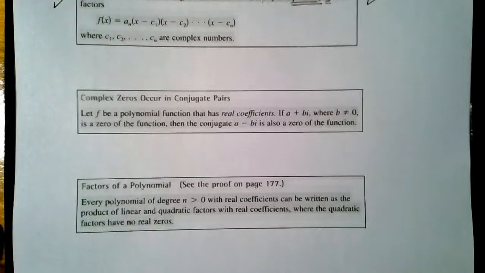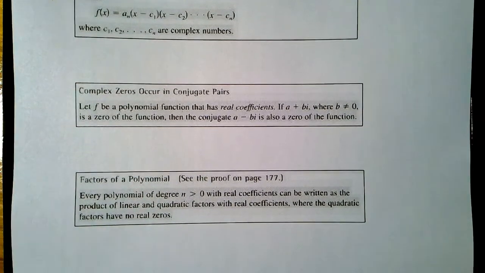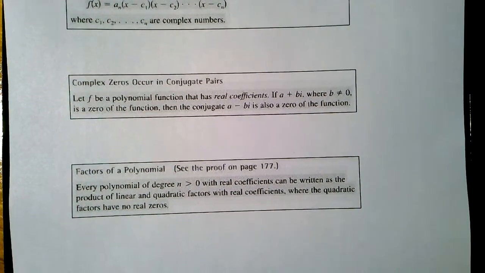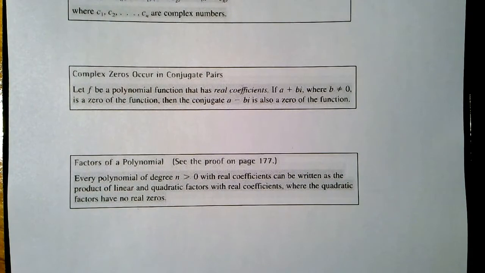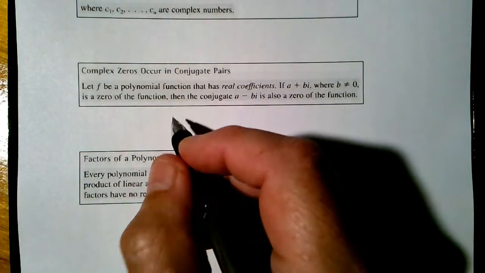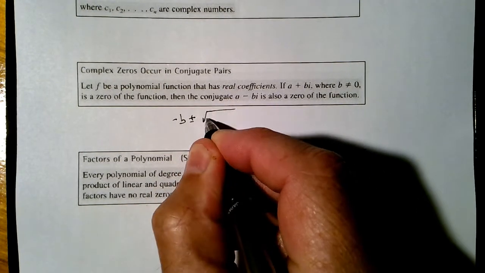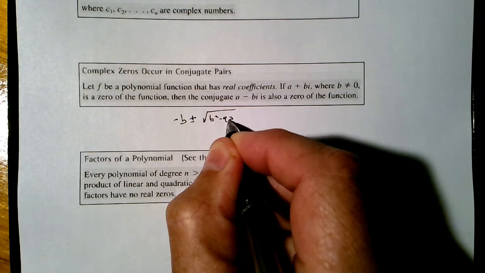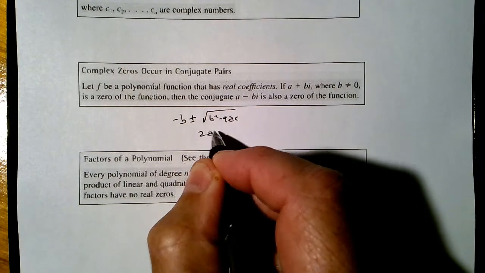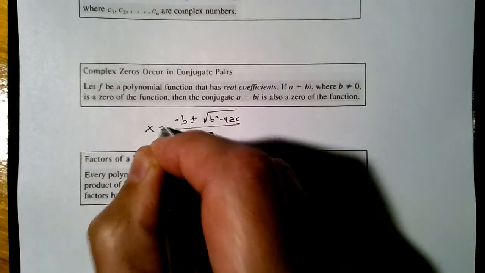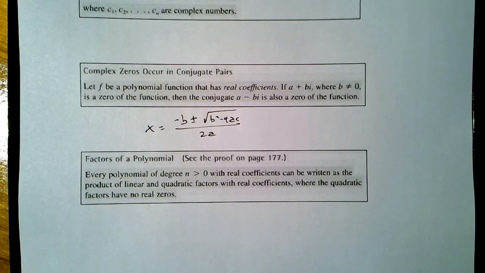Okay, complex zeros occur in conjugate pairs. Now, we did some problems in the last section where we got some complex zeros from some polynomials, and that occurred when we went to the quadratic formula. Opposite of b plus or minus square root of b squared minus 4ac all over 2a is our quadratic formula.